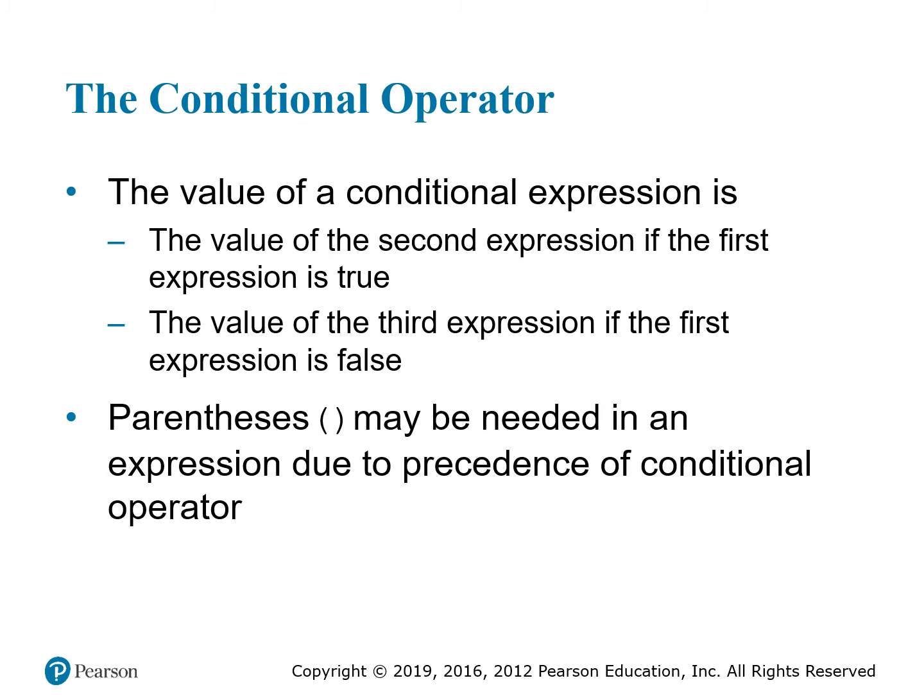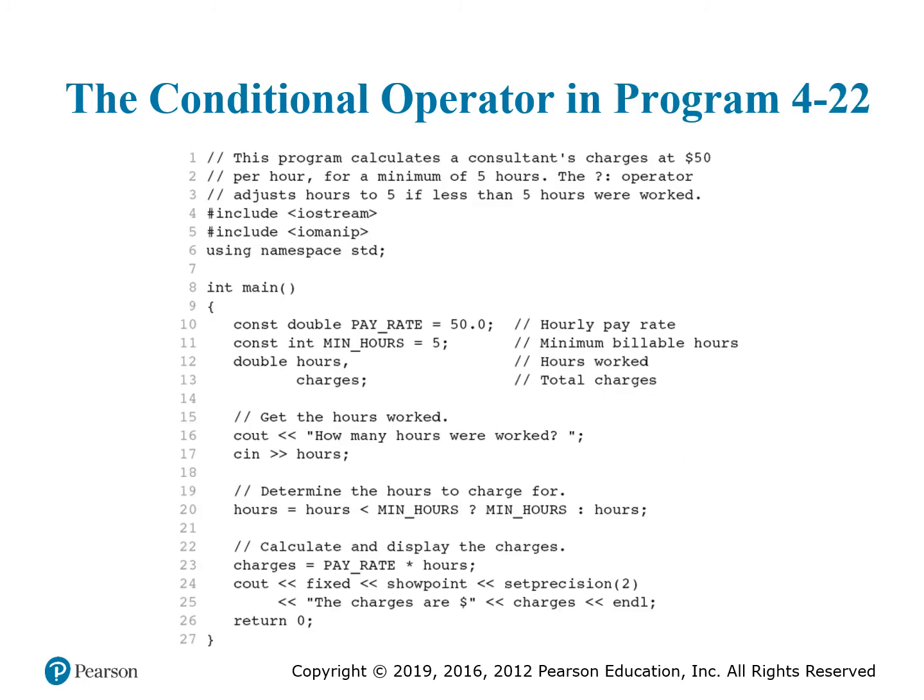Note the parentheses may be needed in an expression due to precedence of the conditional operator. I have to experiment with that. This one shows you we want to charge for a minimum number of hours. So the hours that we're charging for is equal to, we check hours less than minimum hours.